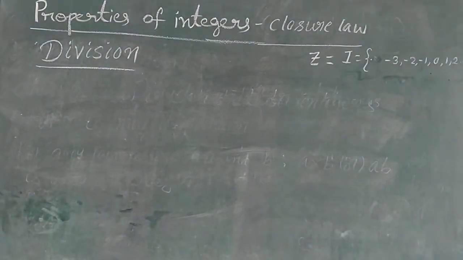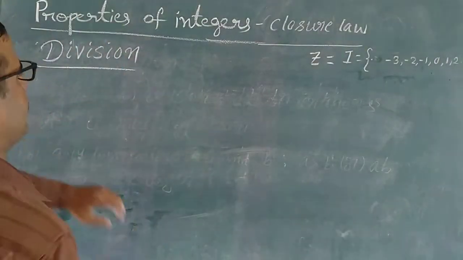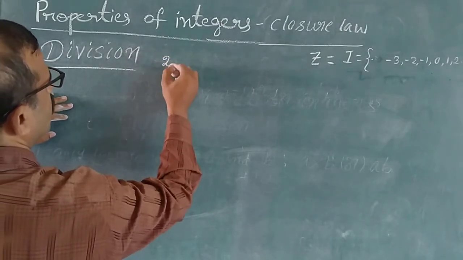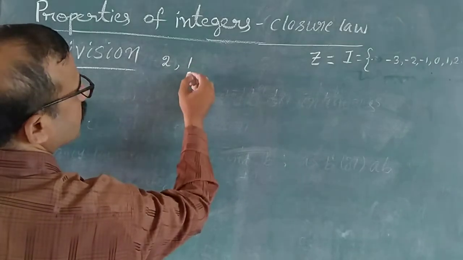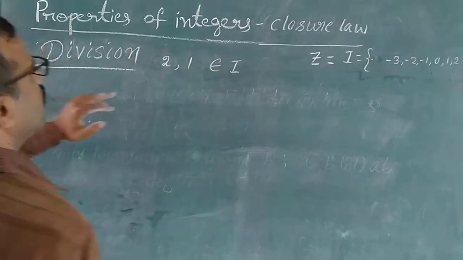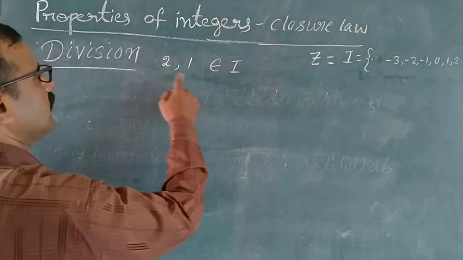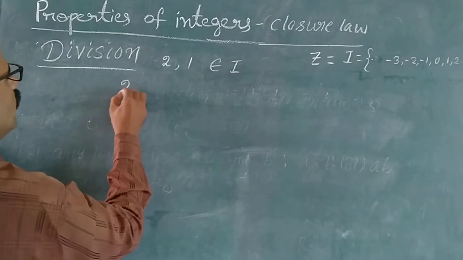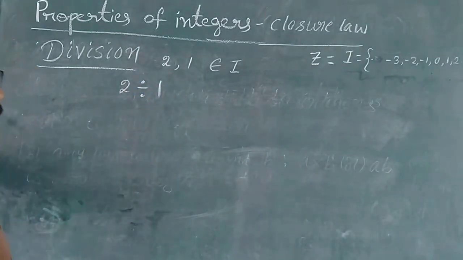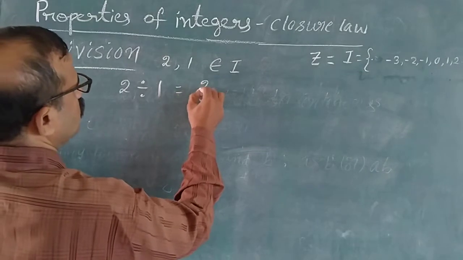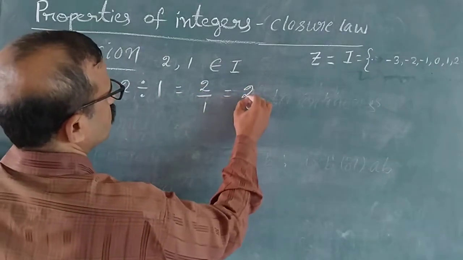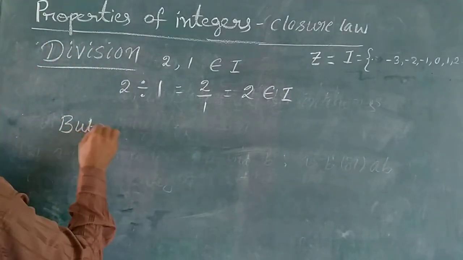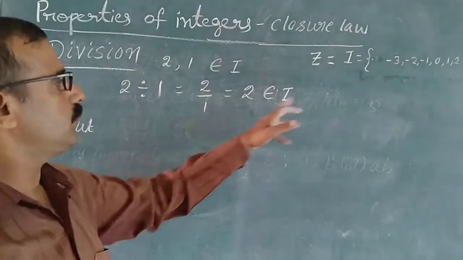Let us take two integers, 2 and 1, which belong to the set of integers I. Now 2 divided by 1 equals 2 by 1, which equals 2. This belongs to I, because 2 is an integer.